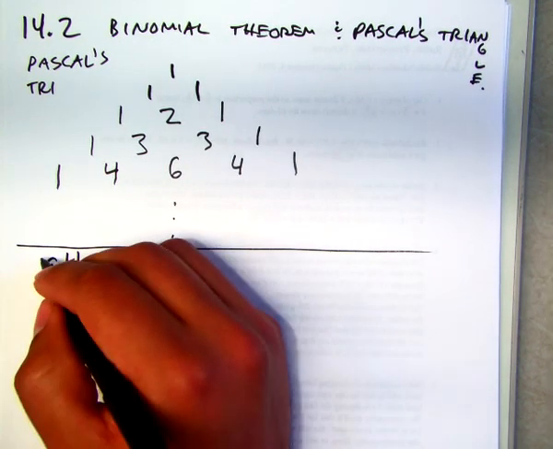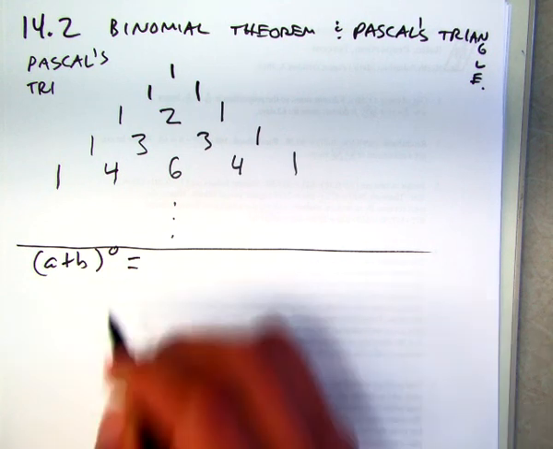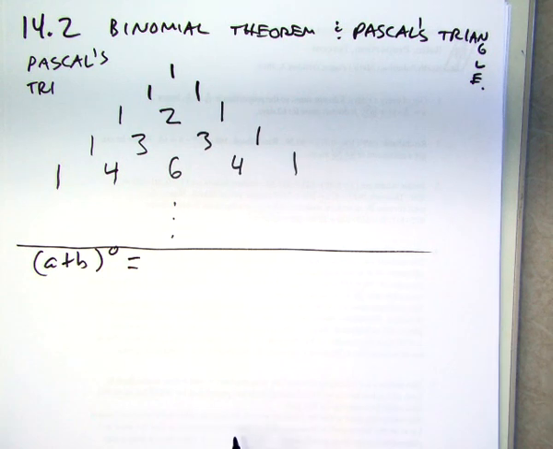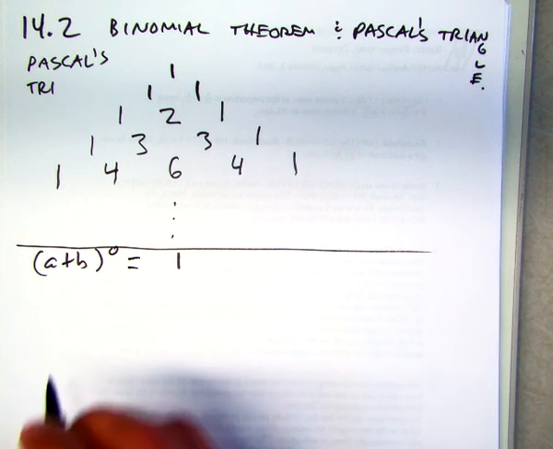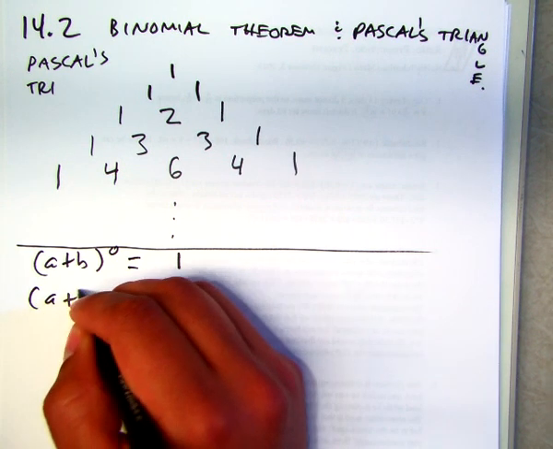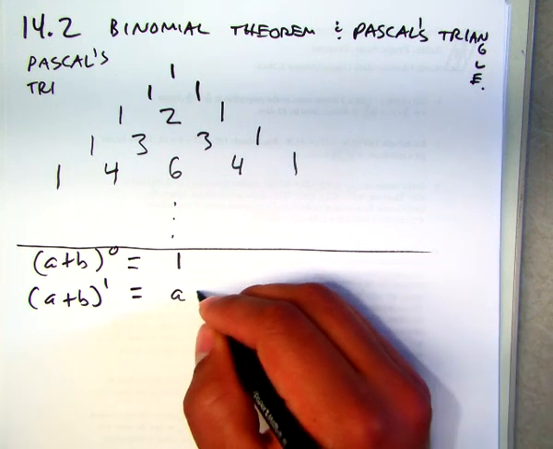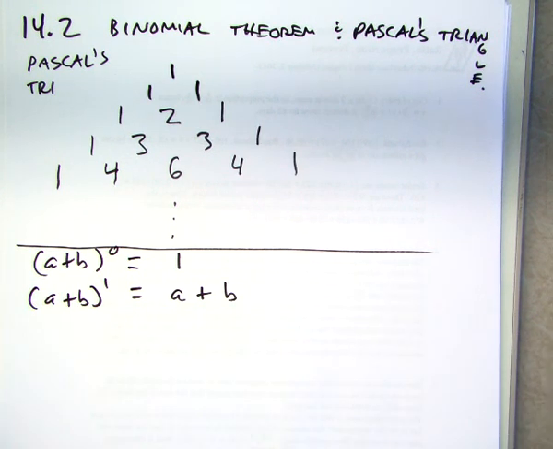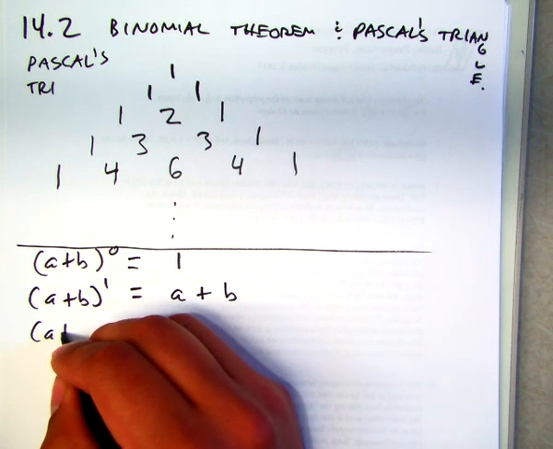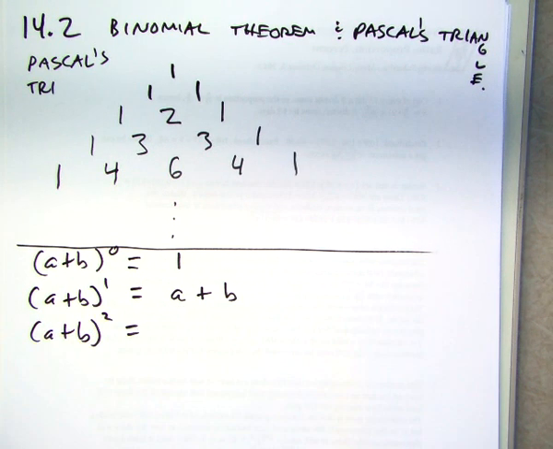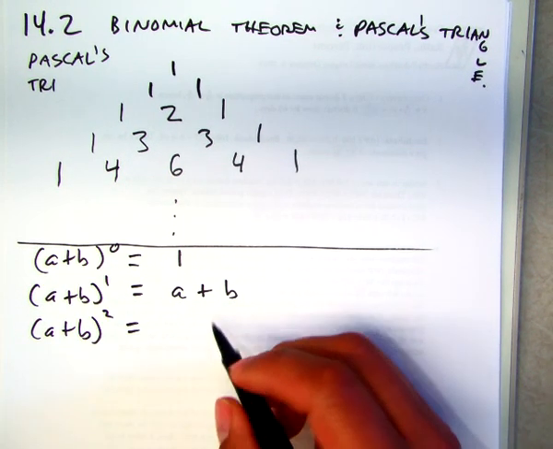And now, if I asked you to figure out what a plus b to the 0 is, you all would say that that was equal to 1. And now if I asked you to do a plus b to the first power, you would say a plus b. What about a plus b to the second power? Foil it out, what do you get?